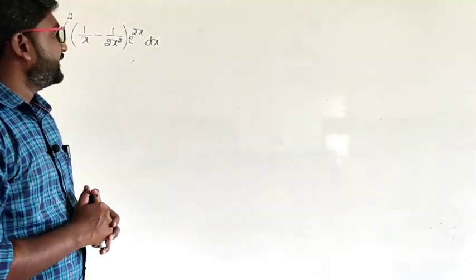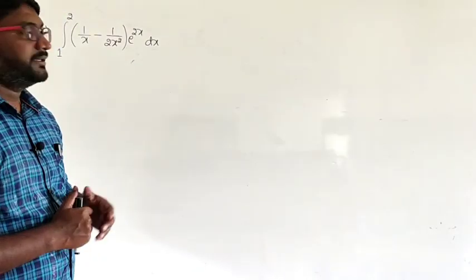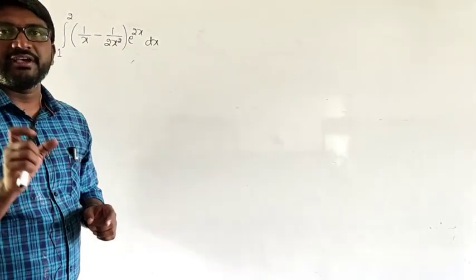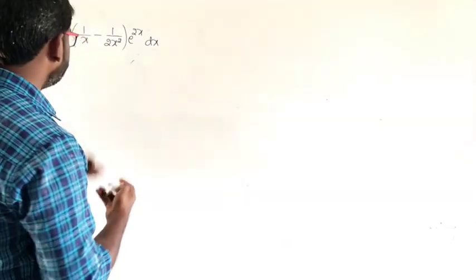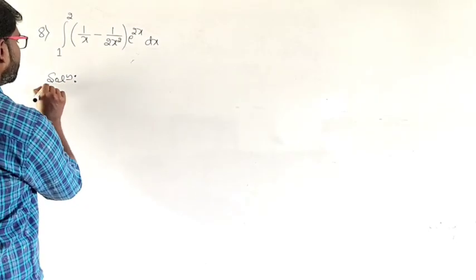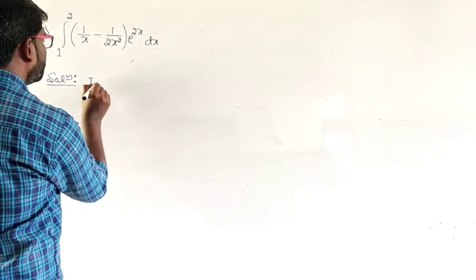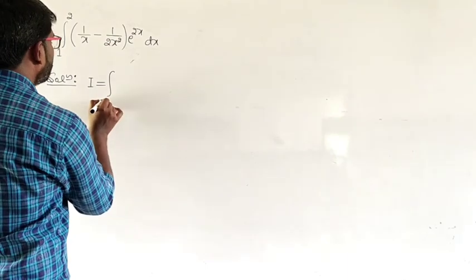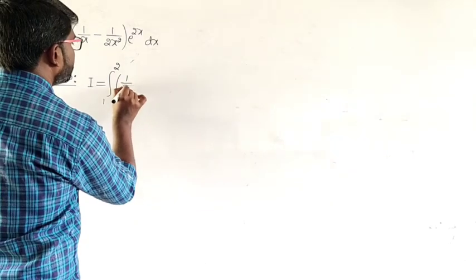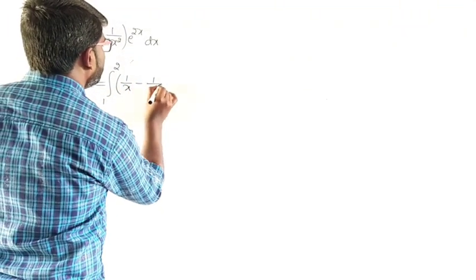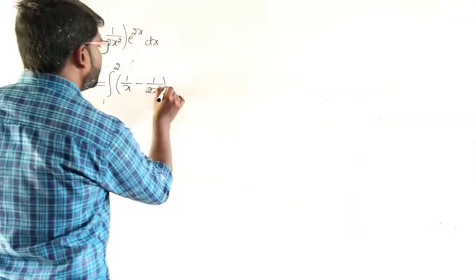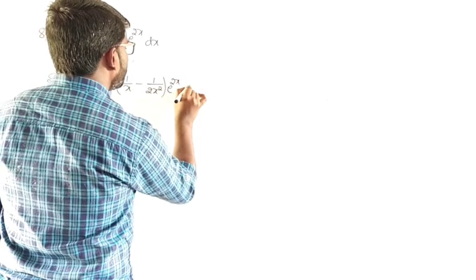Well, the 8th problem is the integral from 1 to 2 of (1 by x minus 1 by 2x square) into e power 2x dx. Let us take this as I, and after that we will have to go for the substitution. So I is equal to the integral from 1 to 2 of (1 by x minus 1 by 2x square) into e power 2x dx.